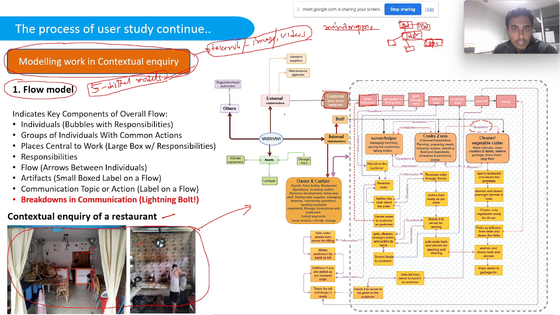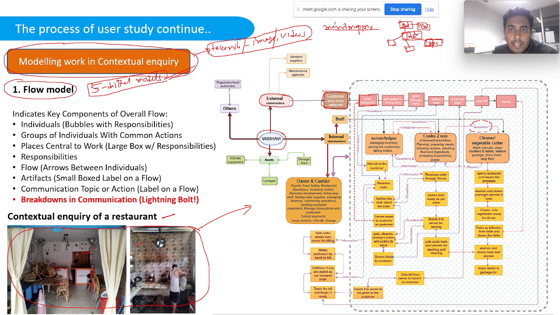Okay, so see here, we define the restaurant name with a group symbol called Vaibhavi. So the name of the restaurant is Vaibhavi. And it tries to first define external stakeholders. So who are the stakeholders?